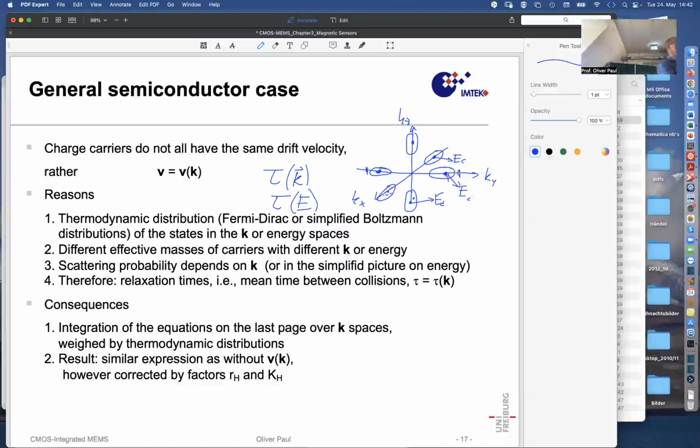If such a low velocity electron moves, it feels the influence of impurities much more than a high velocity electron.